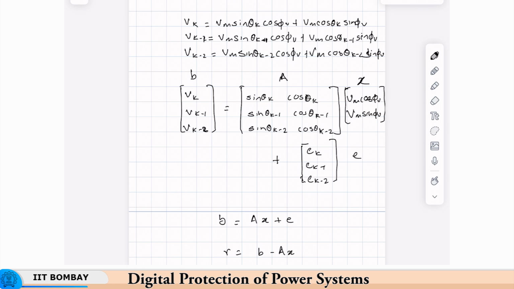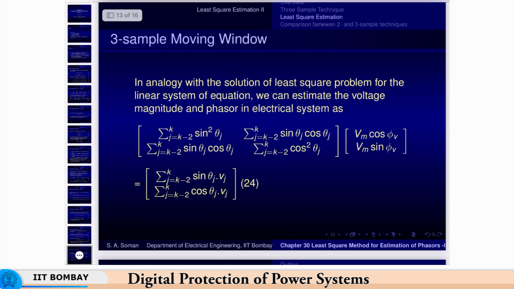Okay. And the A transpose B term similarly will be given by a similar combination, or the dot product, of the measurements into either sin theta k or cos theta k. Okay. So, this is our A transpose A. This is our vector of unknowns x, that is Vm cos phi v and Vm sin phi v.